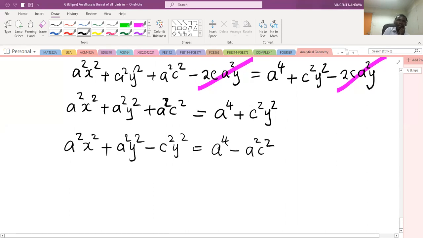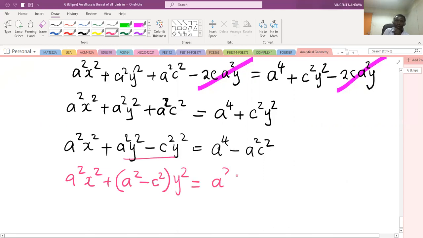Now you see here y squared is common and here a squared is common. So you say a squared x squared plus (a squared minus c squared) times y squared equals a squared times (a squared minus c squared).